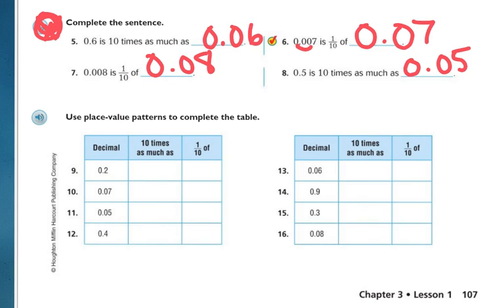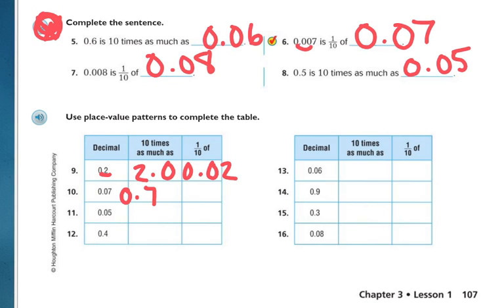So let's go ahead and finish the patterns. So we've got the 10 times as much, so we have 2 tenths. So if we're doing 10 times as much, we're going to move the decimal point over, right? So we're going to make it a bigger number. So it's going to be 2.0. And we're going to make it a smaller number on this one, so it's going to be 0.02. Okay, on this one we're doing 7 tenths. So we're going to make it a bigger number, which is going to be 0.7, okay.